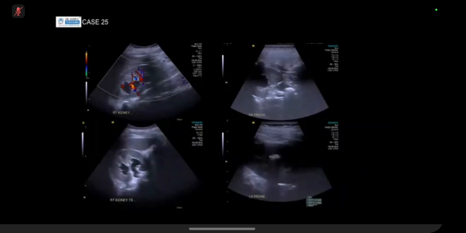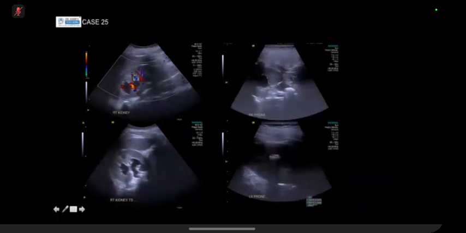And in the transverse view, I appreciate there's mild dilatation, and in the last view, I appreciate this is of bladder, of left kidney, in prone position.